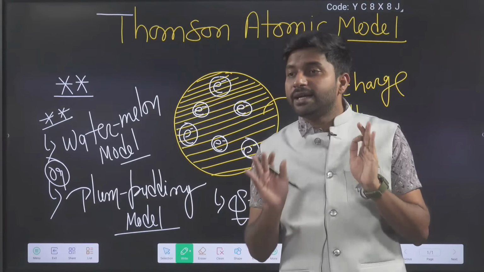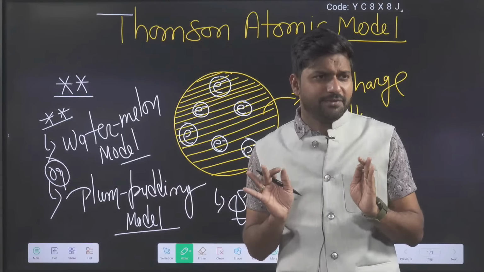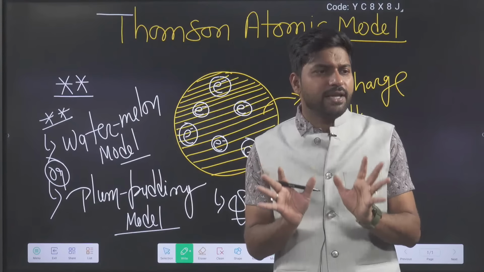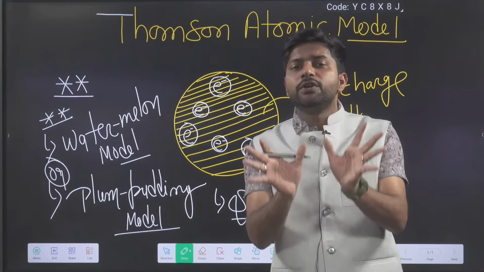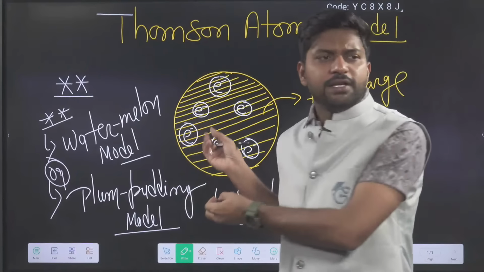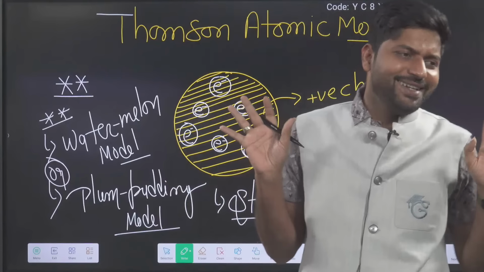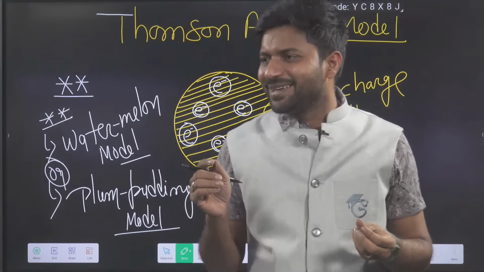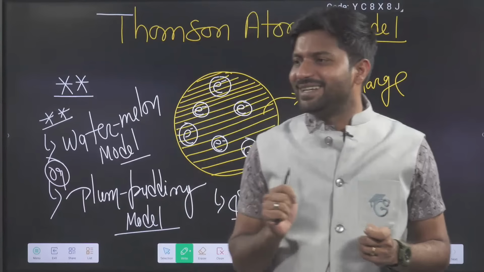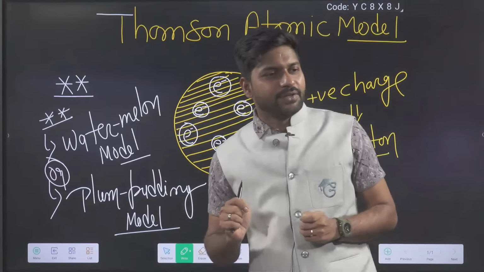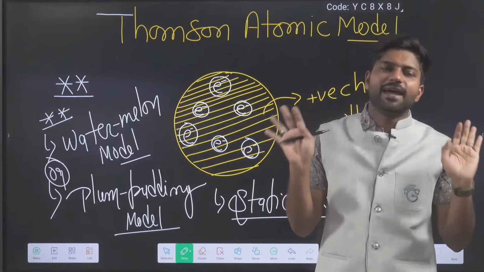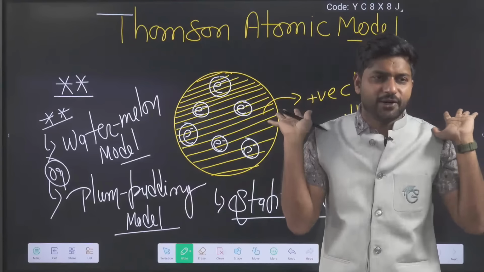This model, at least, a very simple thing, is saying something about the neutrality of the atom. The atom is neutral, and it has also said neutral. It is not a very good point, but yes, neutrality. So only one benefit came from this model.